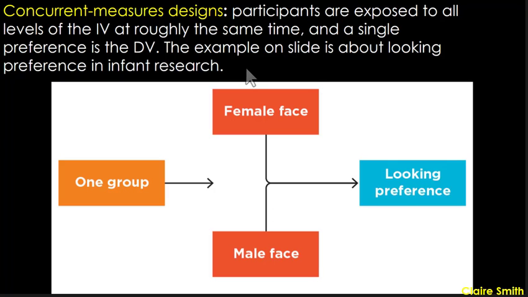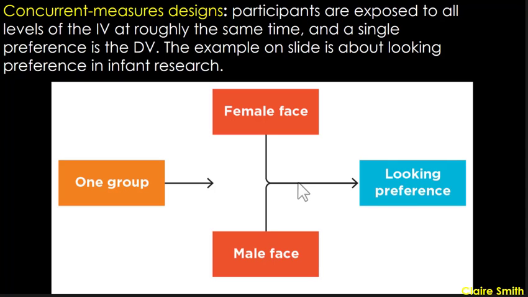They had babies look at a screen, and on the screen at the same time, there's a female face being shown and a male face being shown. And then they just looked at which face the baby preferred to look at, right? So concurrent measures: both of the independent variable levels were exposed at the same time, and the dependent variable is just which one is preferred.